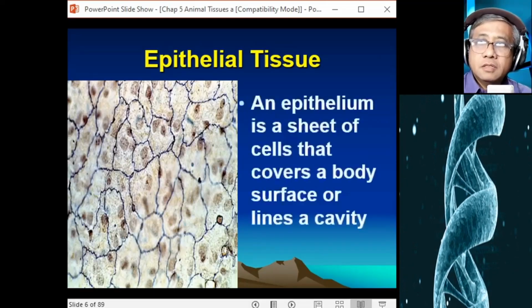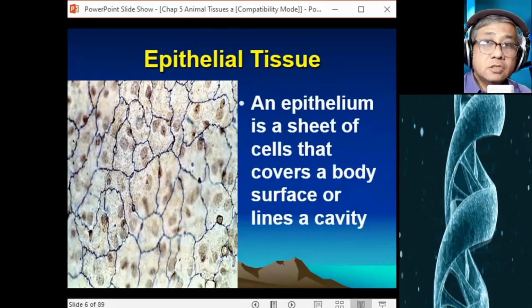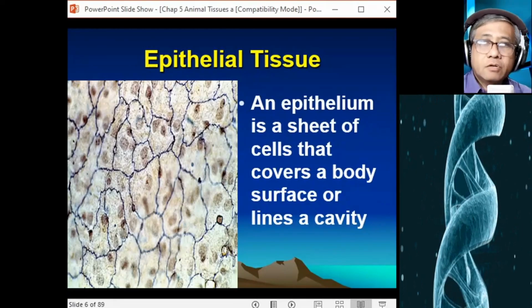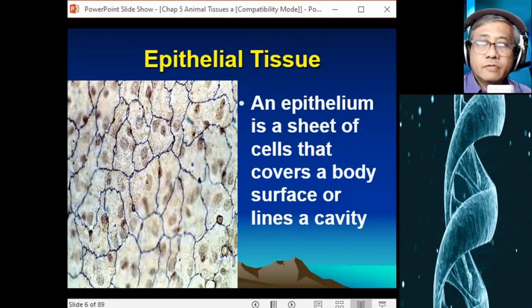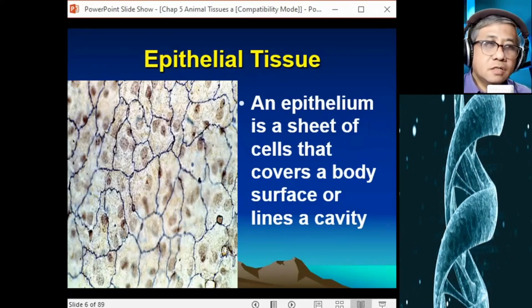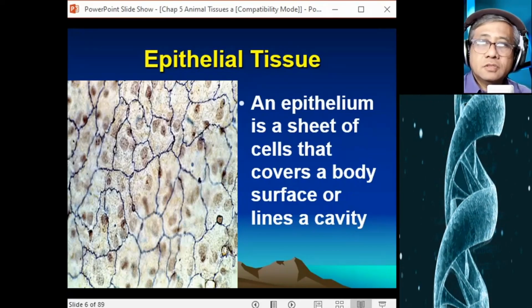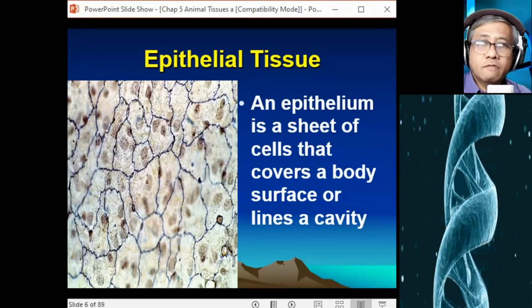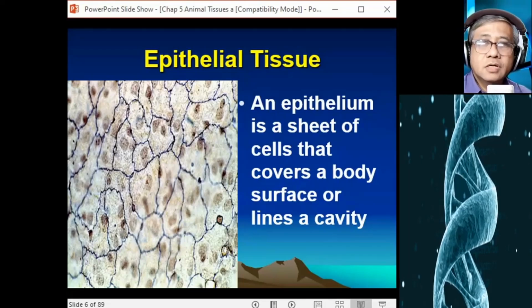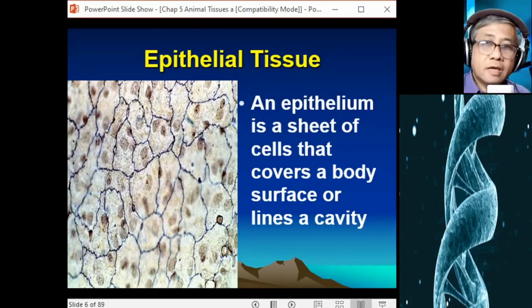Now, epithelial tissue or epithelium basically is a sheet of cells that covers a body surface or lines a cavity. So basically, that's the general function of epithelial tissue. It's a sheet of cells that covers a body surface. It covers an organ or lines a cavity.